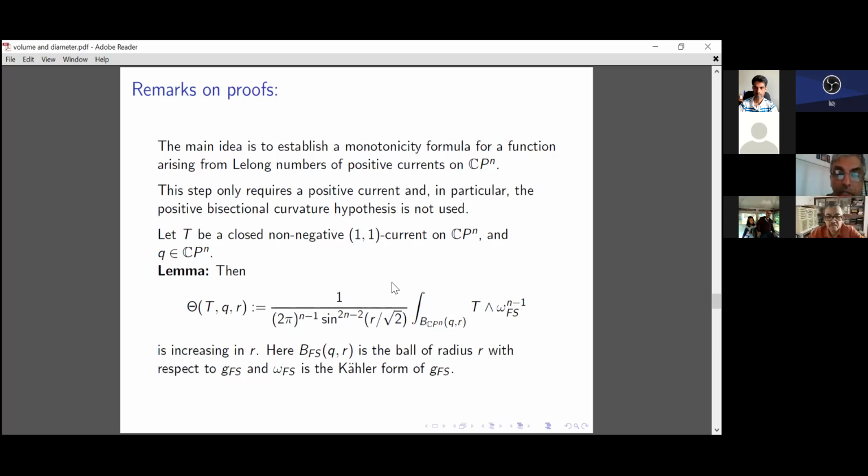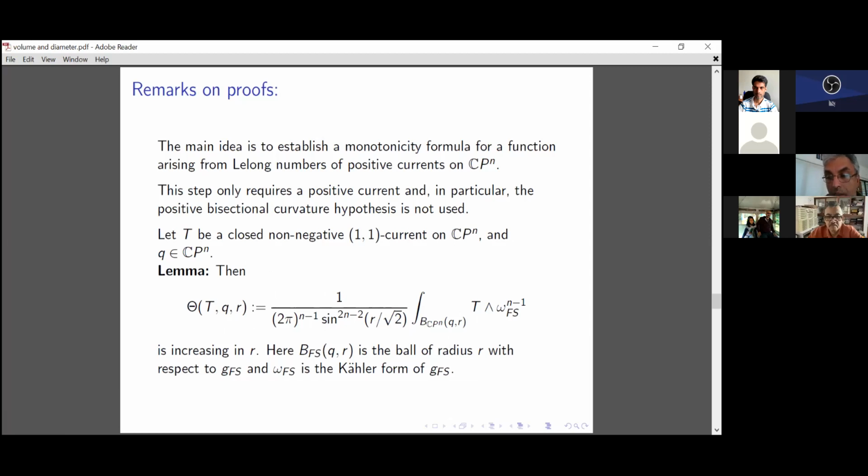This is related to that, but slightly different in a very crucial way. If one looks at this, one proves that this is increasing in R. This is the main technical lemma.